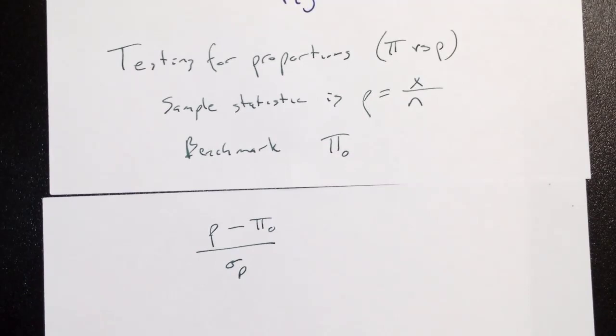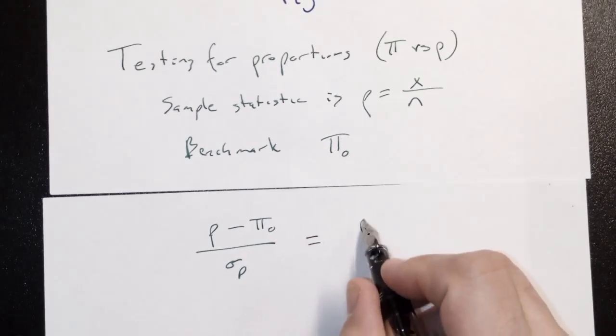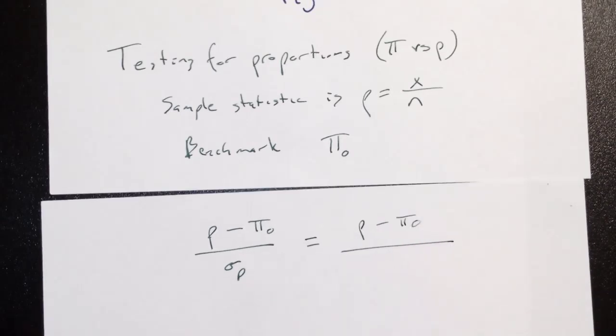That's the same standard error we used in chapter 8. What was the thing we used in chapter 8? There was an expression we had when we did our confidence intervals.